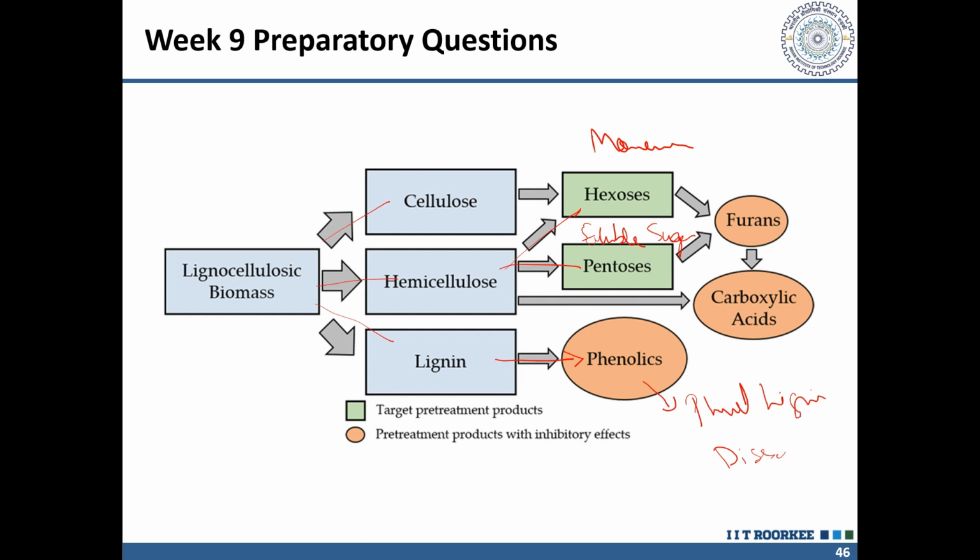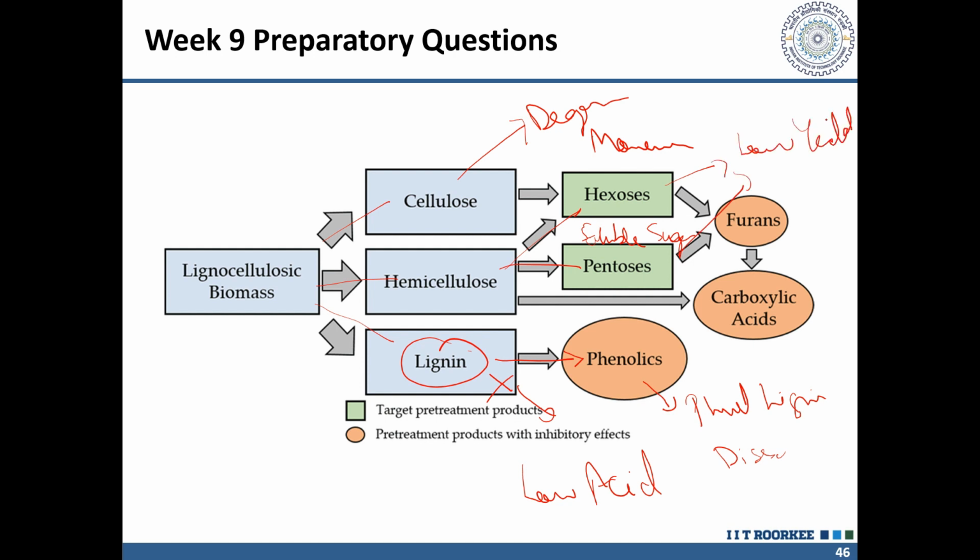But the major problem with this is that not all lignin is separated in case of low acid, and in case of high acid, cellulose is degraded, and therefore the hexoses and pentoses obtained are of very low yield. So this is the major disadvantage of both low acid and high acid.